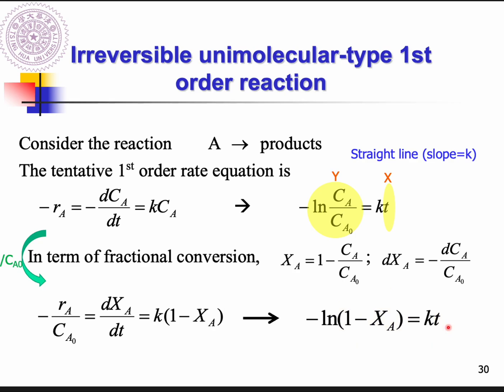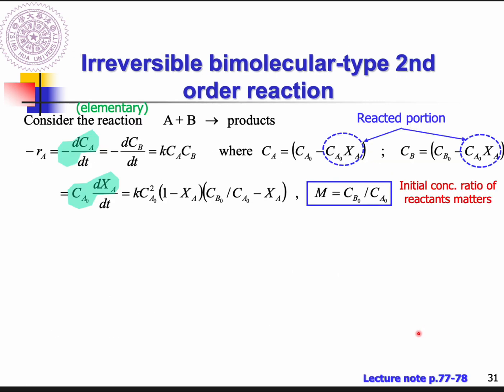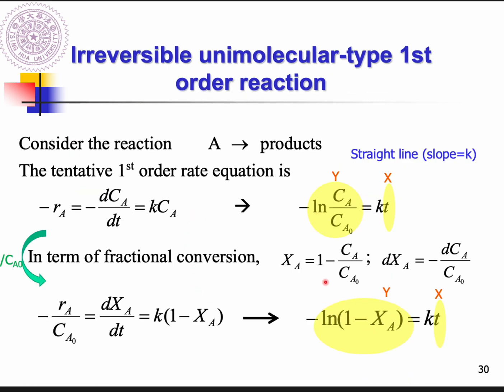So you will get these equations. As long as you plot log of 1 minus XA as the y-axis and t as the x-axis, and you input the XA at specific time points, if you get a straight line, then your reaction belongs to first order reaction.